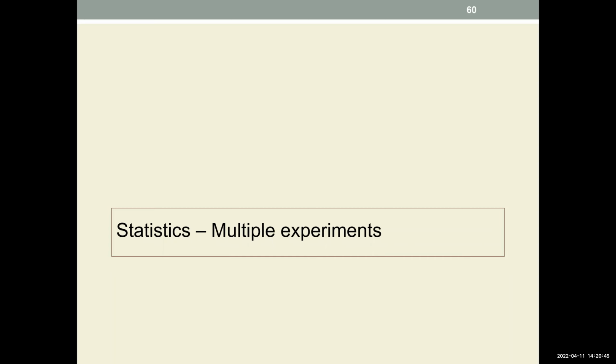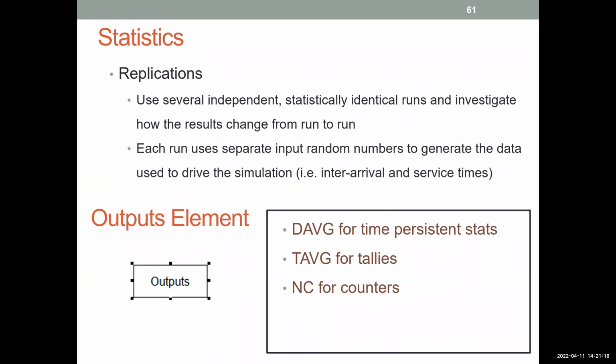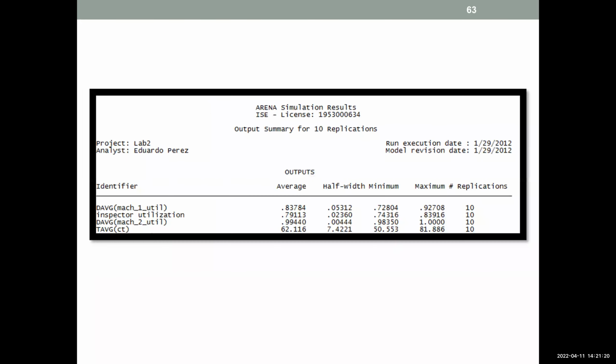If you're running a replication for 10 days and you use the counter to count the number of units being processed, it's just going to give you the number at the end of the 10 days. But if we want to compute the number of units completed per day and you're running this for 10 days, we need a variable to keep track of the number of units being completed every day and then do an average. So I'll show you how to do that. So what else?